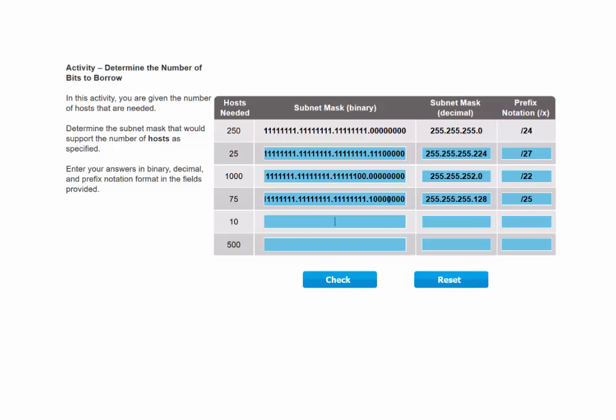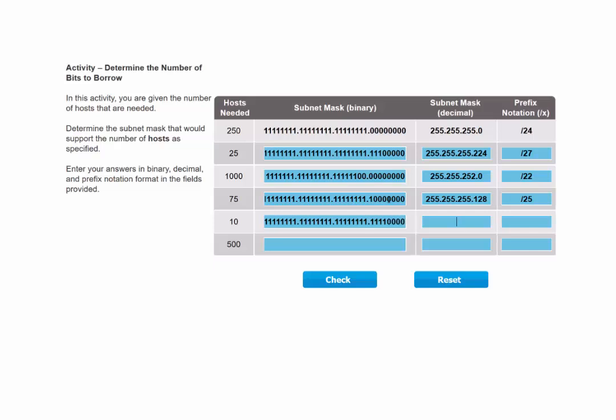All right. So the next, 10. Of course, if we have 3 bits, this will give us 8. So we need 4 bits to give us 16. So 4 bits, so 8 ones, 8 ones, 8 ones. And then here we need 4 bits, so 1, 1, 1, 1, and the rest will be 0, 0, 0, 0.